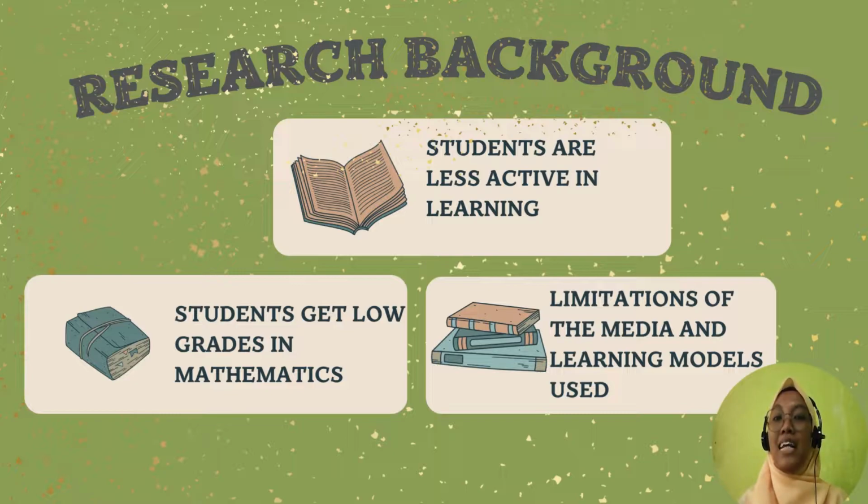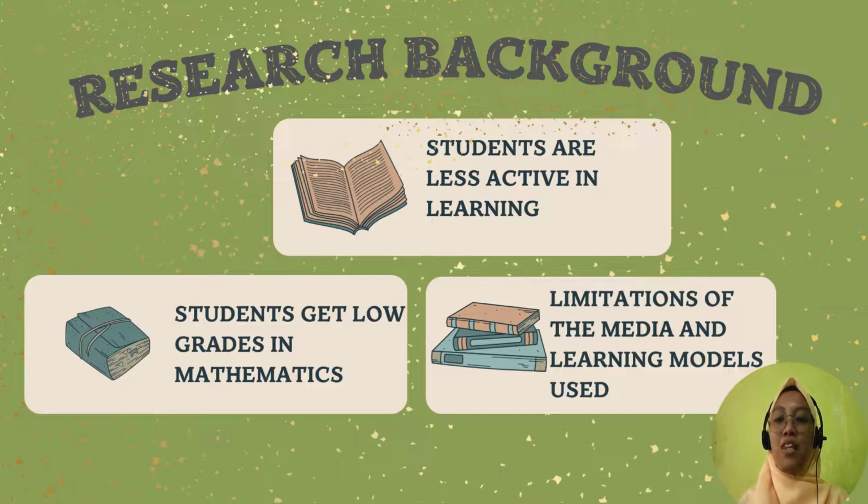The result of the analysis of the daily test score for 6th grade students in the first semester of 2020-2021 in mathematics have not reached the minimum competence criteria or KKM, which is 60. Among 21 students, only 8 of them achieved the minimum criteria.